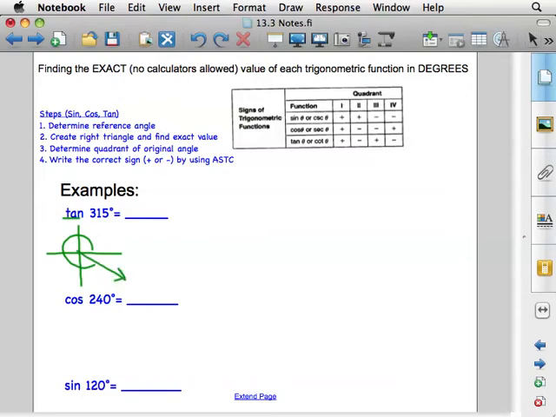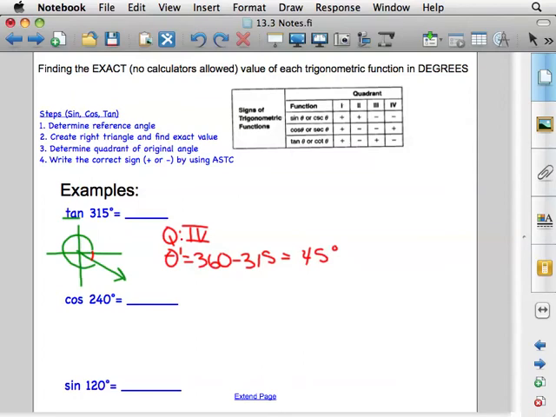So we are in quadrant 4, and our reference angle is 360 minus the 315, which is 45 degrees.